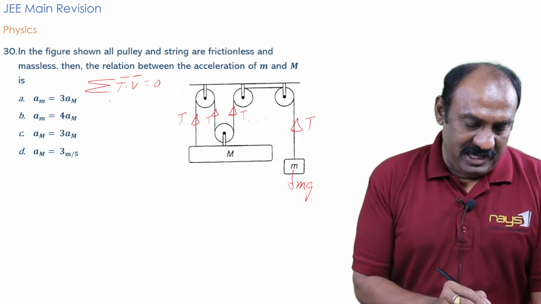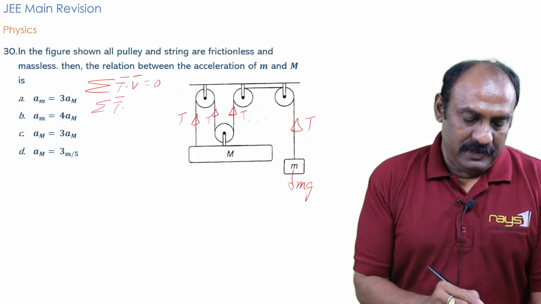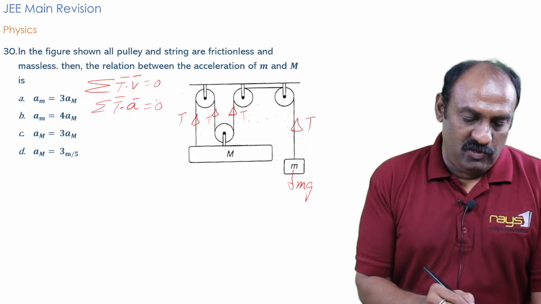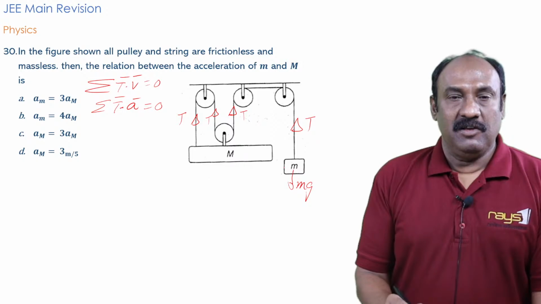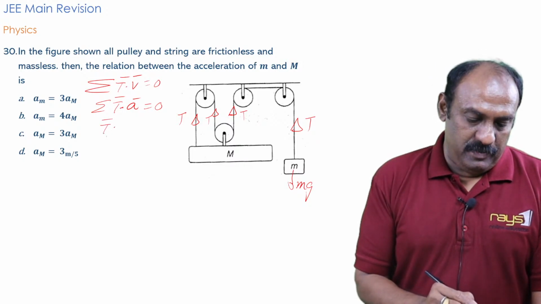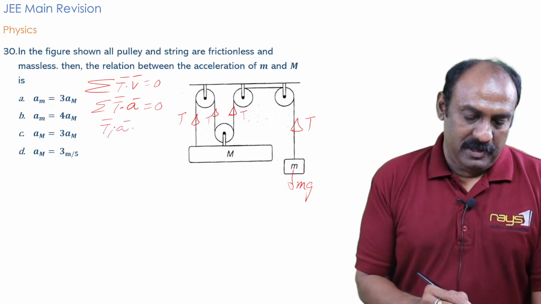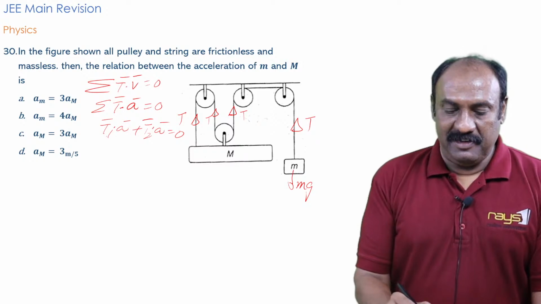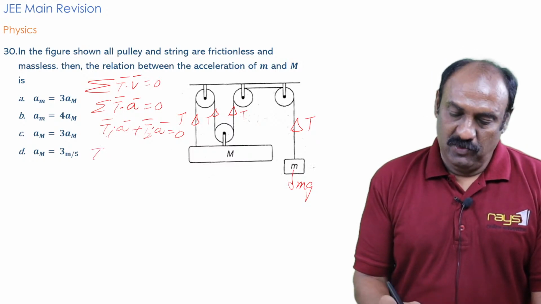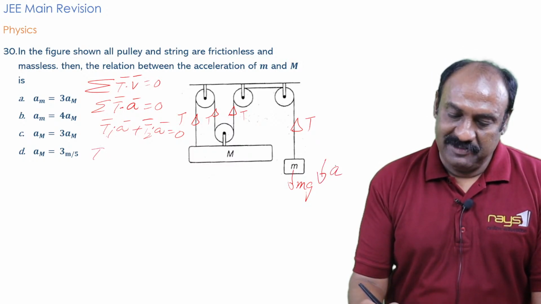By differentiating this, we get the sum of T bar dot A bar equal to 0. So how many blocks are there? 2 blocks. So therefore T1 bar dot A1 bar plus T2 bar dot A2 bar equal to 0. So for this block tension is T, let it move down with an acceleration a.